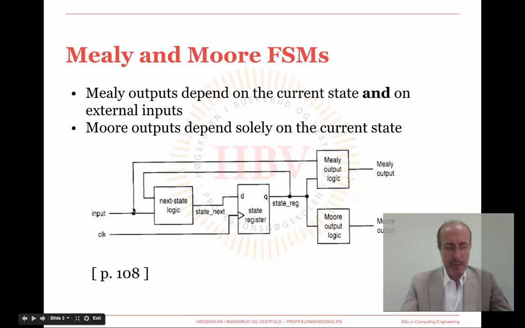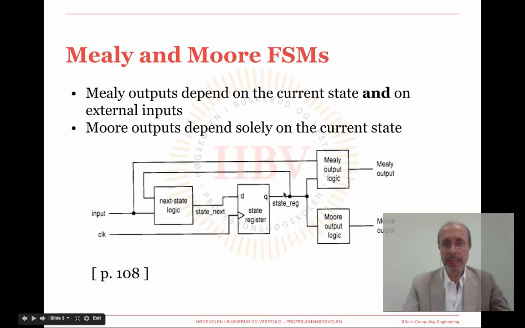And what this means is that if an input changes, then there may be a change in the outputs, even if there is no clock transition. So the Mealy outputs are therefore asynchronous to the system clock, and actually more than one output combination is possible for a single state.